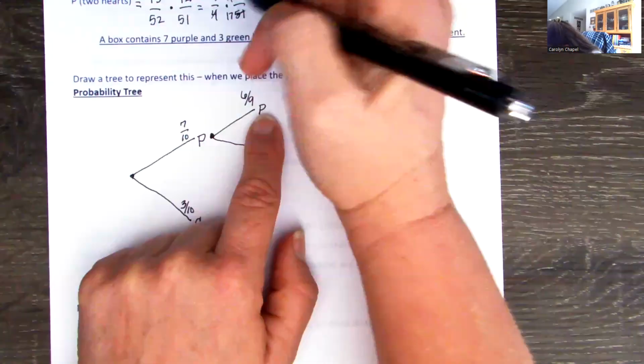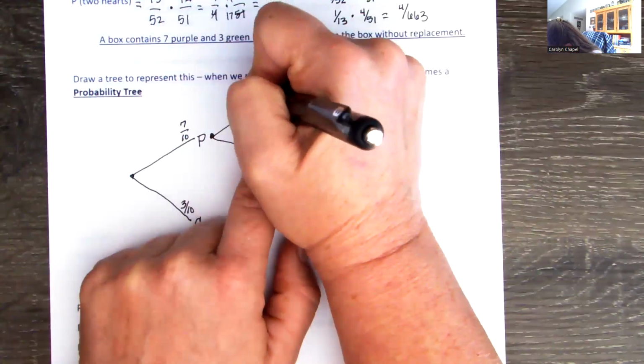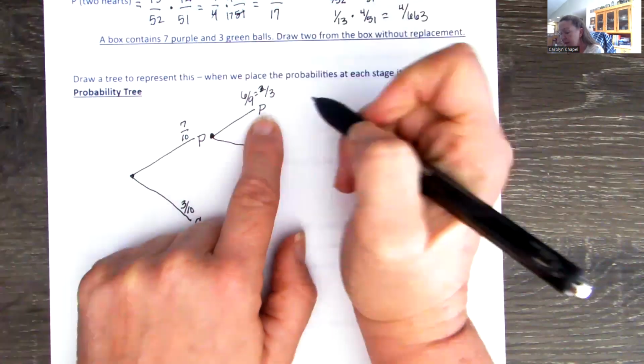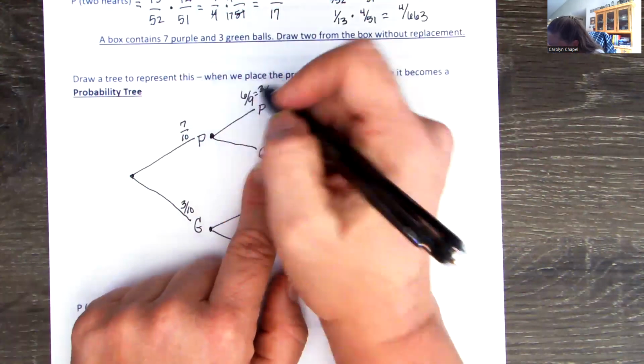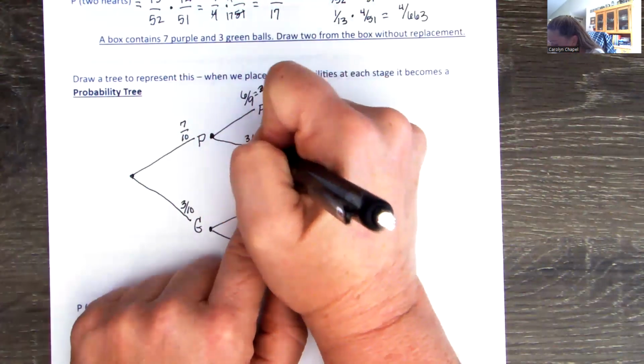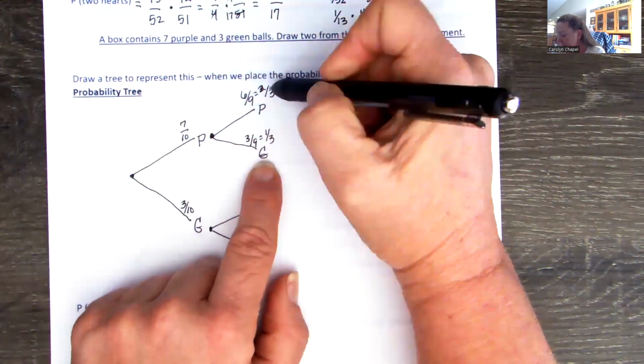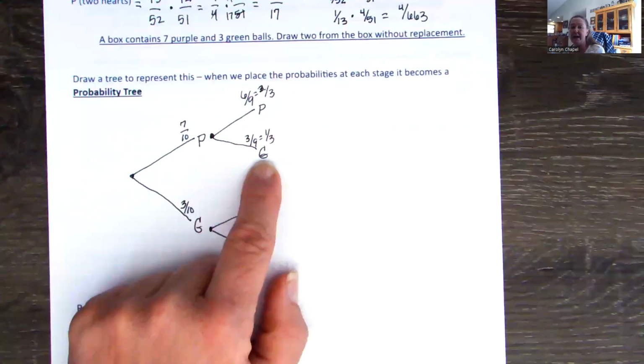I'm going to reduce that down to 2/3. Here, either it's green, again, the first one was purple, so I still have 3 green balls, but there's only 9 left. So that's 1/3. Notice those two will add to 1.